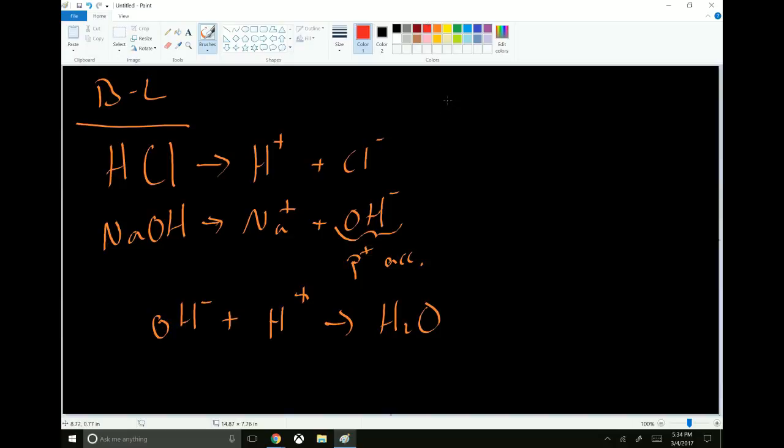But now it explains why ammonia is a base. Because you throw ammonia into water, it will react with the water to make NH4+ and OH-. In other words, a base that turns water, sort of, into an acid.